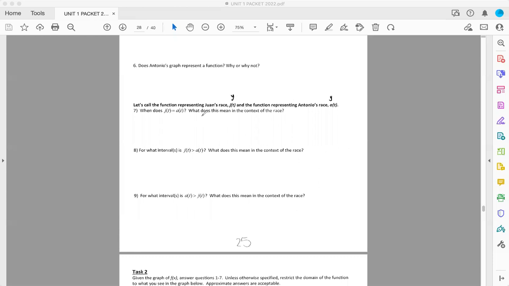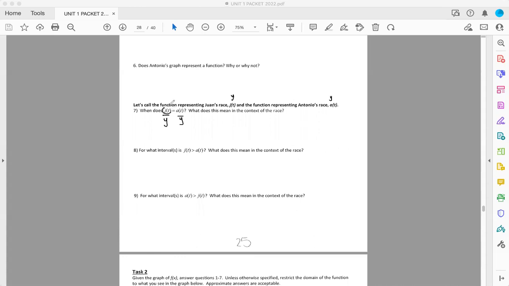Then the question says, when does J of t equal A of t? This is like saying, when is the y value for Juan equal to the y value for Antonio? So when are their heights equal? Remember, y is the height. It means their heights are equal. So the question says, when does that happen? That means for which x values?